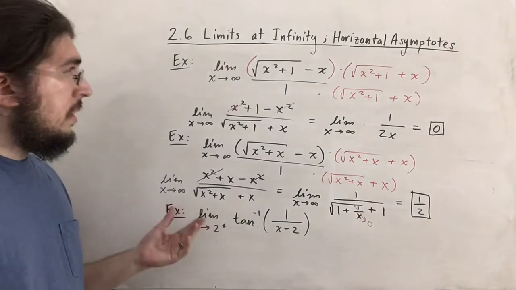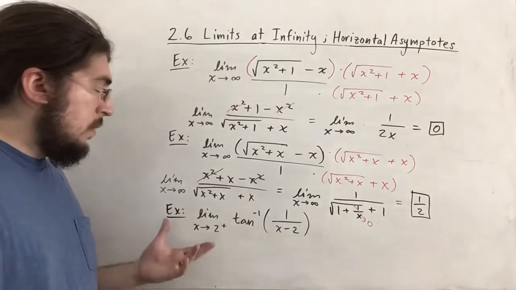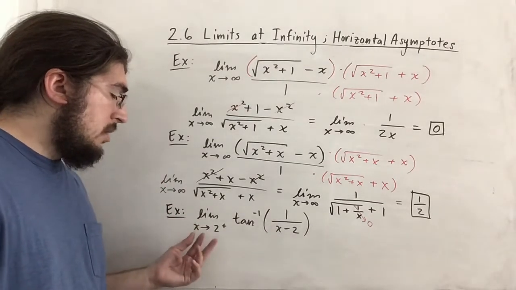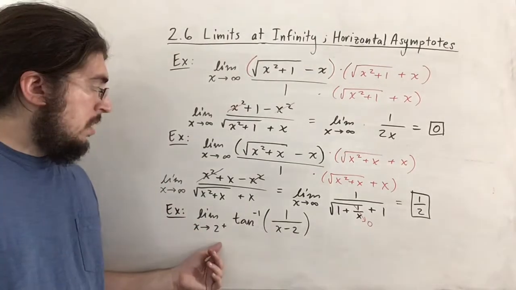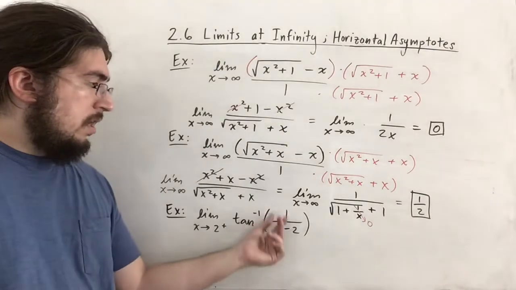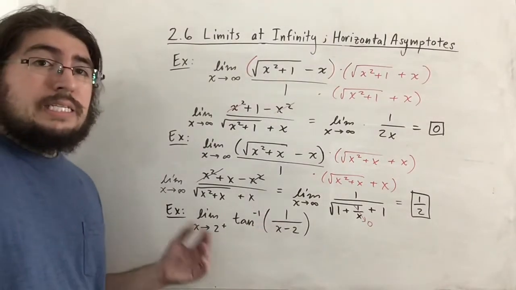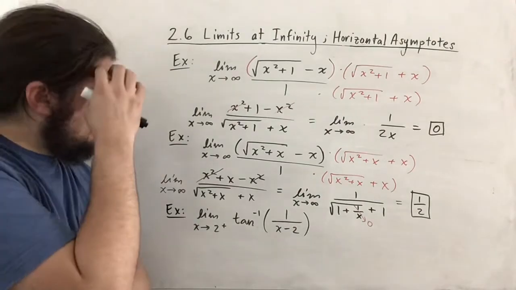But lastly, for this part of this video anyways, we want to take a look at this example: the limit as x goes to 2 from the right of tangent inverse of 1 over x minus 2. Now notice, at first glance, this is not a limit at infinity.